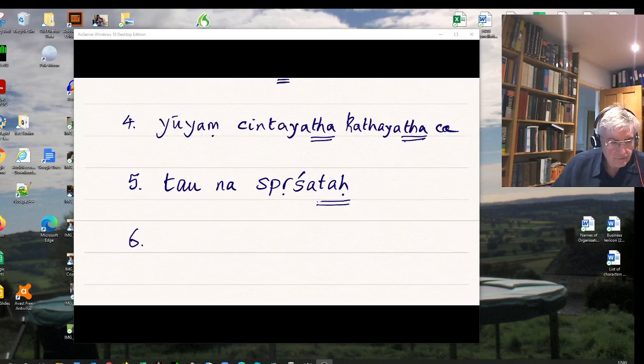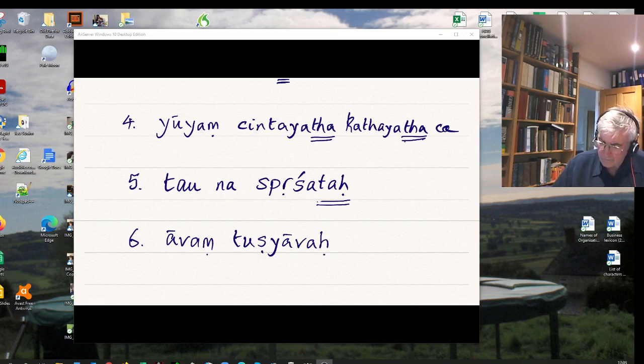Number 6, avam tushyava. So avam, subdotted m, tushyava. Another 4th class verb which inserts the ya, tush, is to be satisfied, to be content, often with the prefixed san, so santosha, contentment.